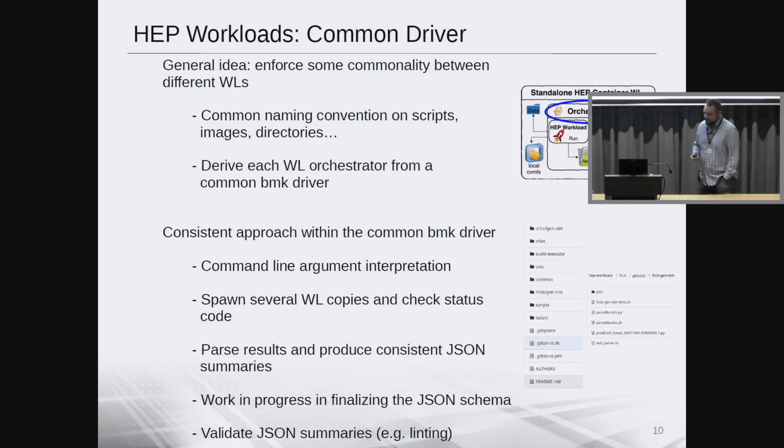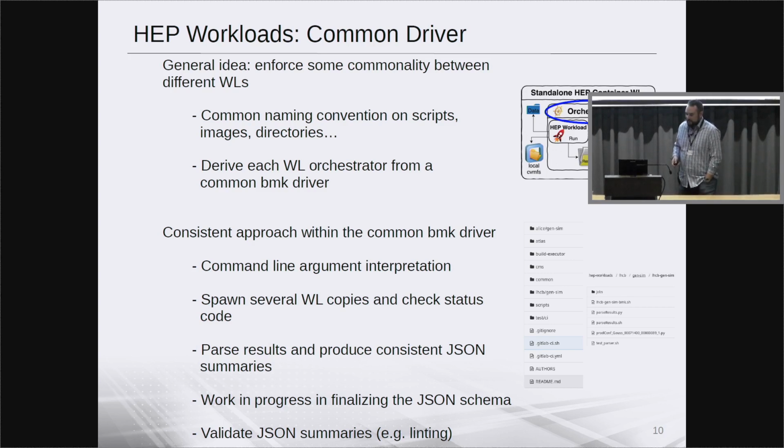One thing we also wanted to do, even though we're using different code from different experiments, was make the containers enforce as much commonality as possible in terms of the orchestration. So we have the base orchestrator script, which does base command line argument interpretation, spawning, parsing and production of the JSON results, and enforcing the JSON schema.